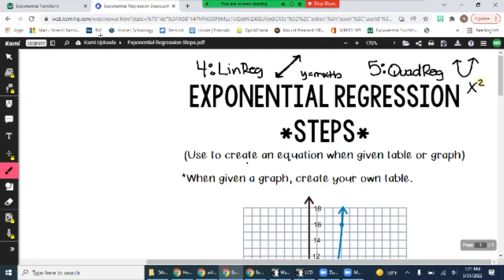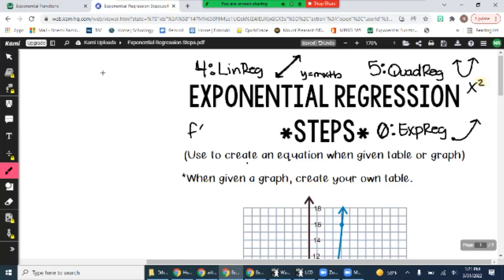Exponential regression, you will actually see it on the inside of this foldable, but exponential regression will be option 0, and it will have an EXP reg, R-E-G, for regression. You're going to use this if you're given only a graph, you're going to be looking at a half curve, whether it's going up or down.